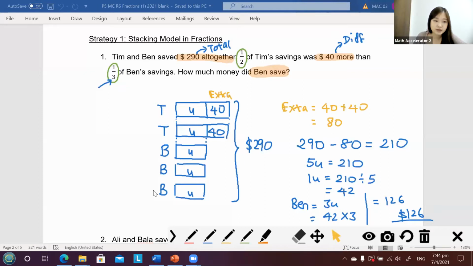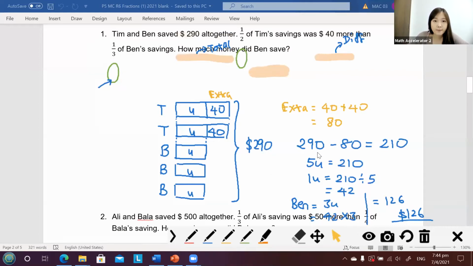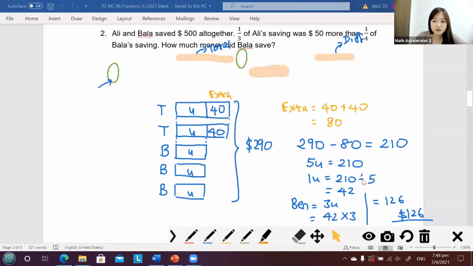Yes, correct, Sha'an. If you draw the model, it will be more visual for you, because if you look at the question, it's so many numbers. If you draw the model out, it's a lot easier for you to see what's your next step to take. All right, let's go to question 2.